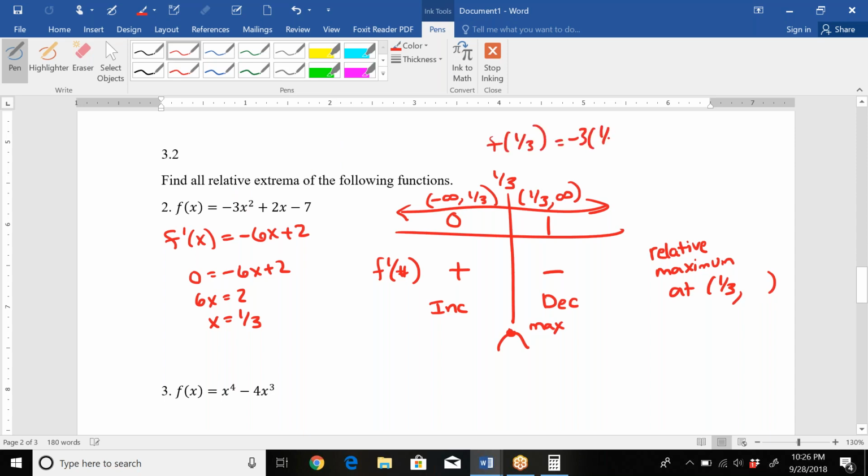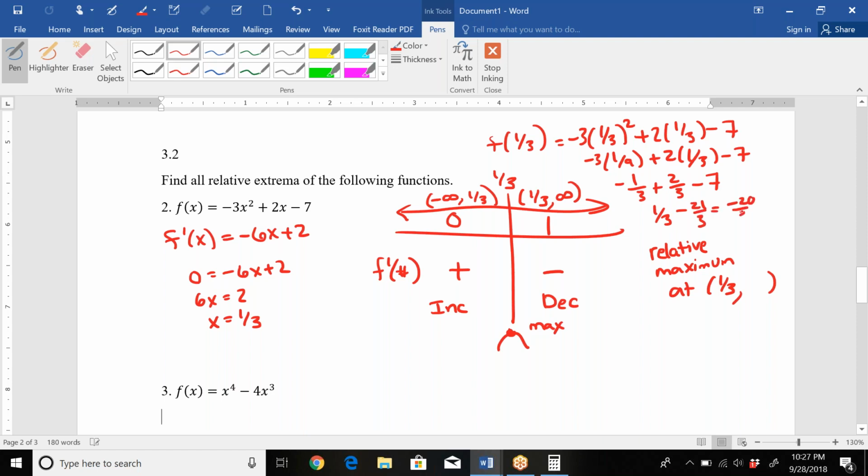So negative 3 times 1/3 squared plus 2 times 1/3 minus 7. 1/3 squared is 1/9, plus 2 times 1/3 minus 7. Multiply the fractions, that'd be negative 1/3 when you reduce it, plus 2/3 minus 7. That's 1/3 minus, and we need to make 7 have a common denominator, so 21 over 3. So I'm getting negative 20 over 3. And again, you can use your calculator to help you with that.